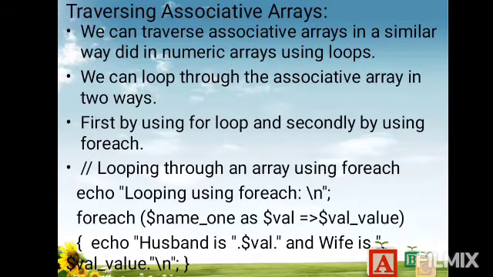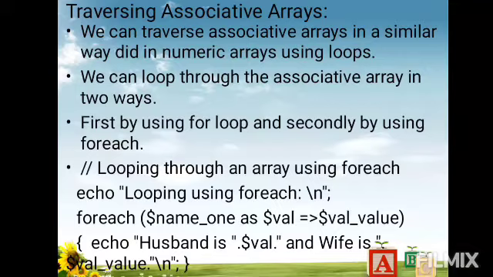Traversing an associative array. We can traverse an associative array in a similar way as numerical arrays, that is, using loops. We can traverse by using a foreach loop, and also a for loop can be used for traversing the associative array.